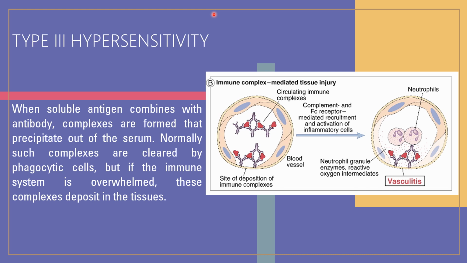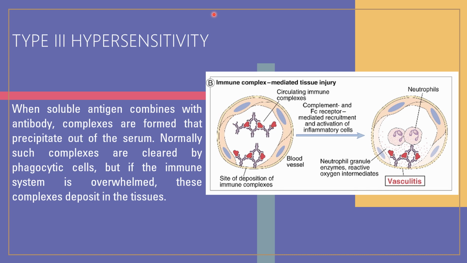However, remember in type 3 hypersensitivity, that the antigen is soluble, thus the complexes that are formed will precipitate out of the serum, and when they are not cleared by the phagocytes because the immune system is overwhelmed, these complexes will deposit to the tissues.